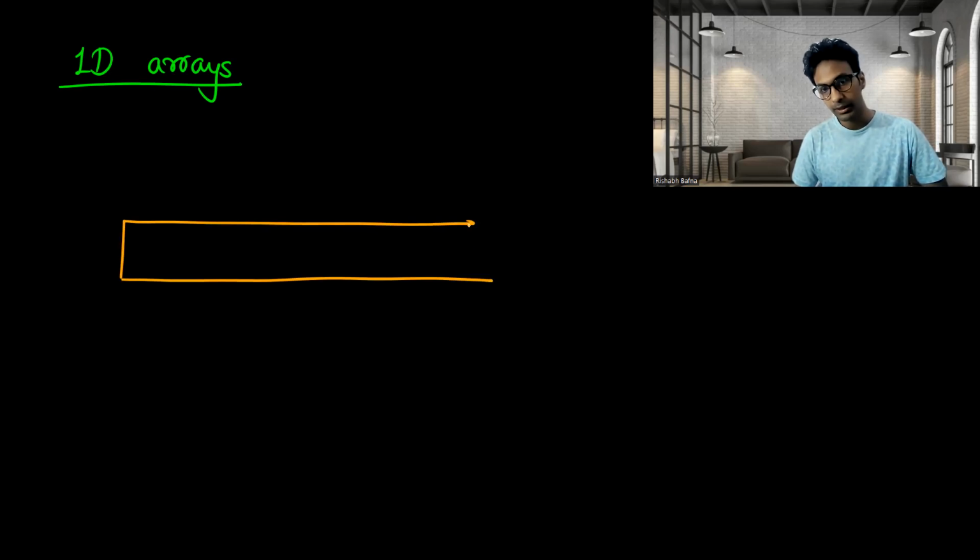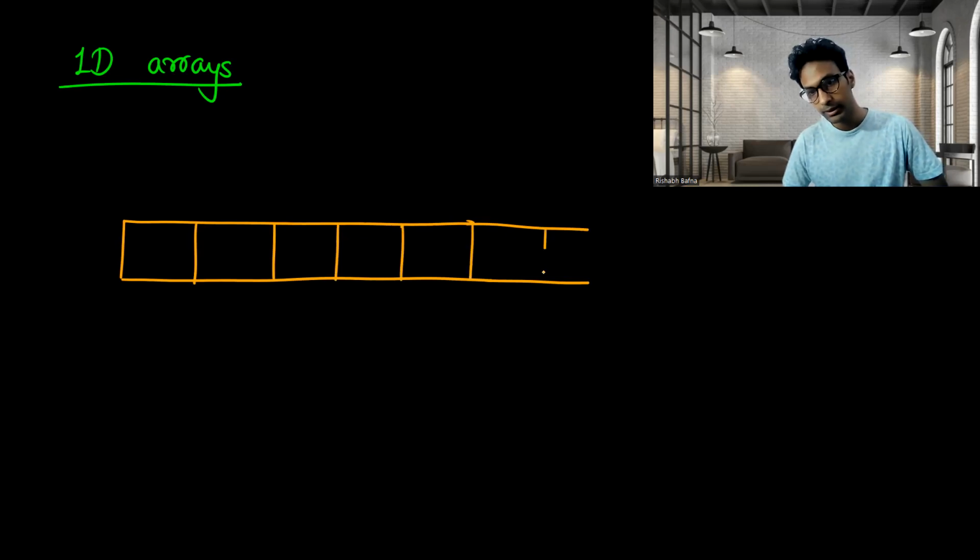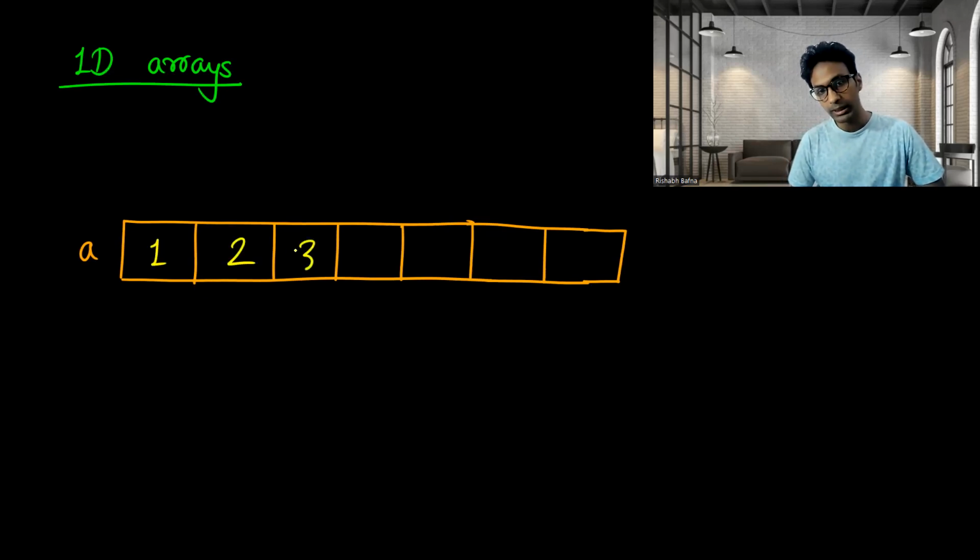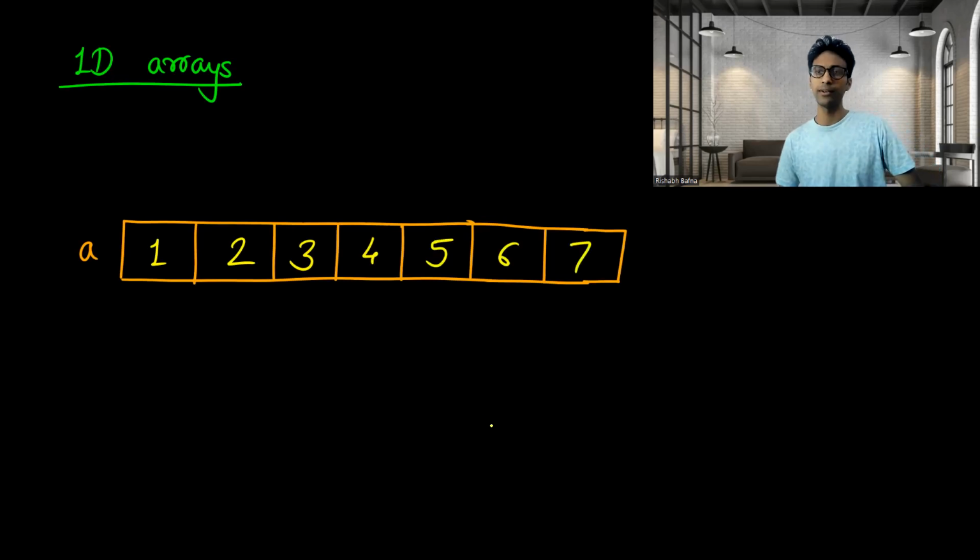Let us say A is a 1D array consisting of these elements 1, 2, 3, 4, 5, 6, 7. Okay, let's take 7, 8 elements itself. Anyways, you can take any number of elements.